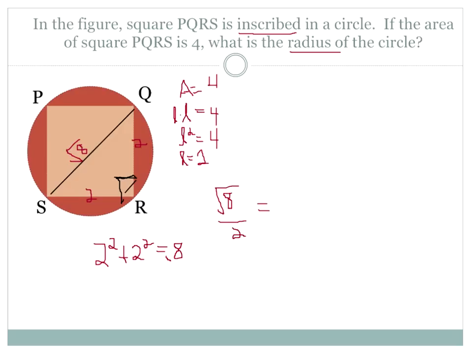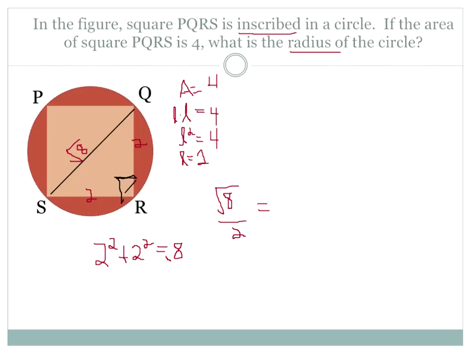Now, if you do it on the calculator, Toby got 2.83. If I look at this, I'm not sure what the square root of 8 is, but I know that the square root of 8 is close to the square root of 9. The square root of 9 is 3. So 3 halves, yep, I think it needs to be, Toby, 1.41 looks a little bit better to me.